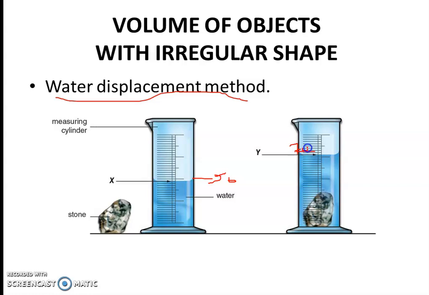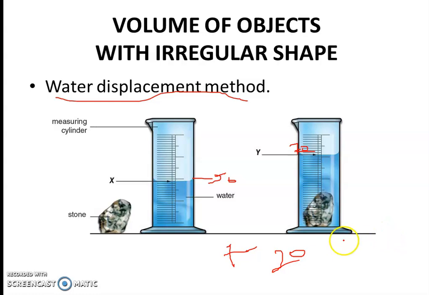So the volume of this stone can be given by the water level after inserting the stone minus the initial level of water. That is 70 minus 50, which gives you 20. So this is the volume of the stone, which is given in centimeter cube.